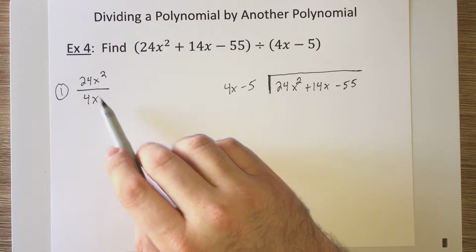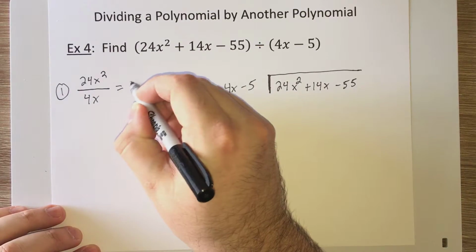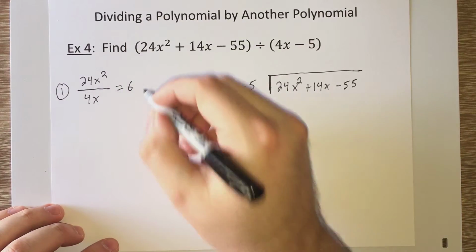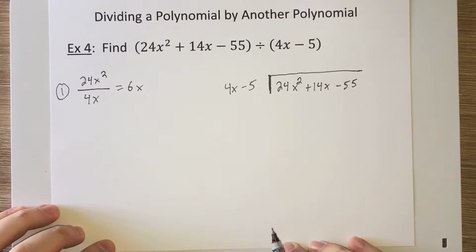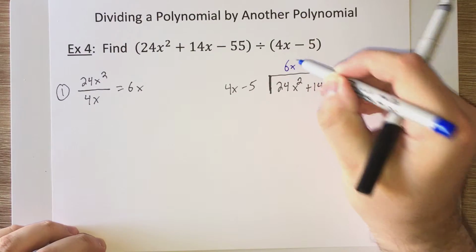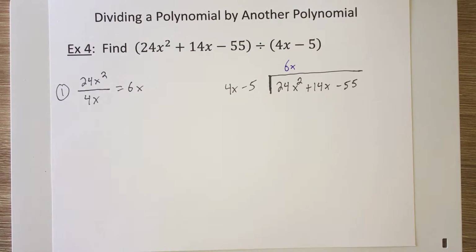Divide those like you would monomials. Divide separately. Divide the numbers. 24 over 4 is 6. When you divide the x squared by the x, you subtract the powers. 2 minus 1, you get x to the 1 or just x. So you get 6x when you divide those. Then you write that answer on top. So the first step is you divide the left term here by the left term here. Write your answer on top.